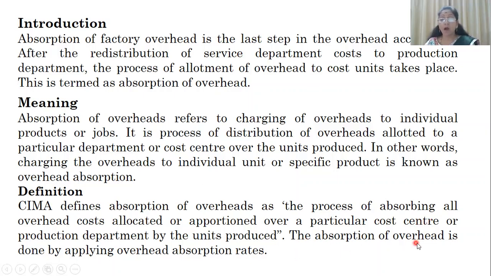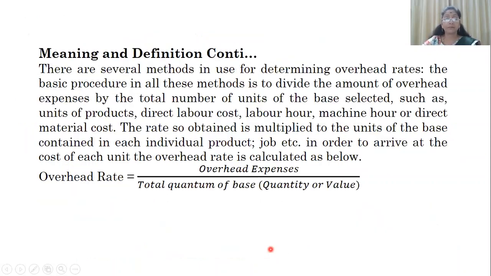The absorption of overhead is done by applying the overhead absorption rate. We are formulating a formula and calculating the absorption rate. There are various methods for calculating overhead rates.